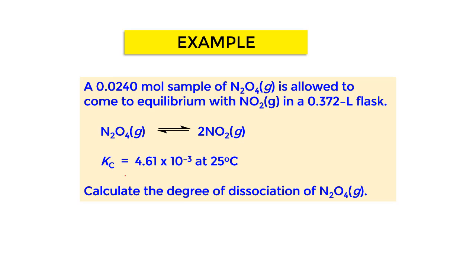So this is the reaction equation. Given the Kc for the reaction at 25 degrees Celsius, where Kc is 4.61 times 10 to the power of -3. The question asks you to calculate the degree of dissociation of the reactant, which is N2O4.